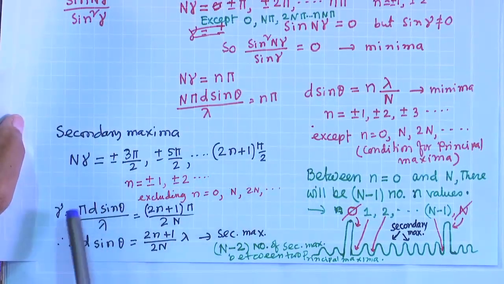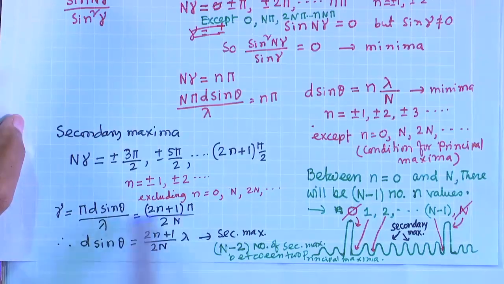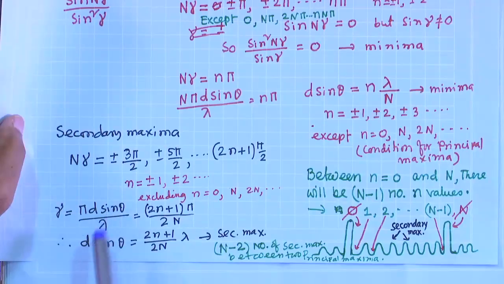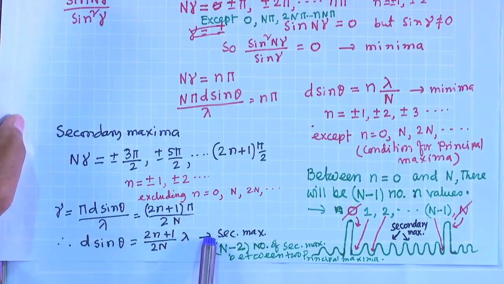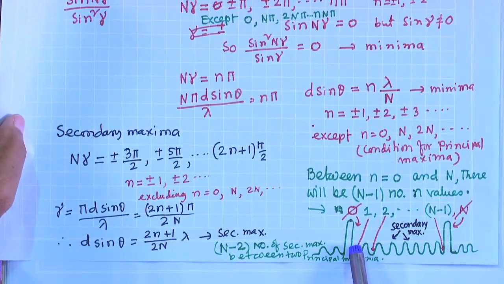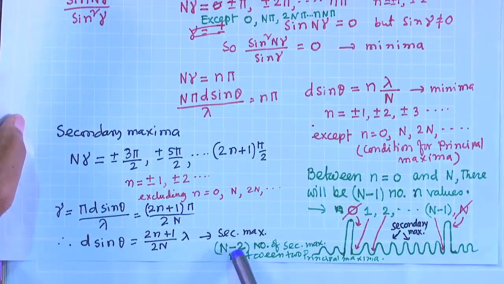So, if you put this condition, putting the gamma value, you will get d sin theta equal to (2n plus 1) by 2N lambda. These are the conditions of secondary maxima, and you can check that between two principal maxima, if there are N minus 1 minima, then secondary maxima will be N minus 2.